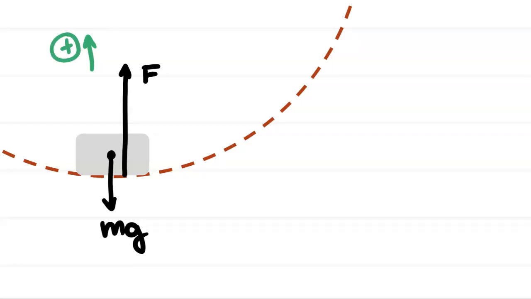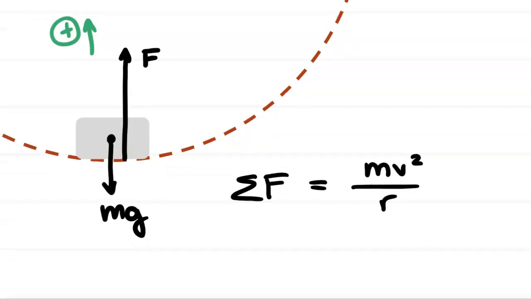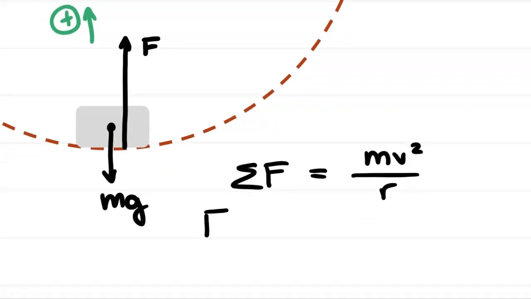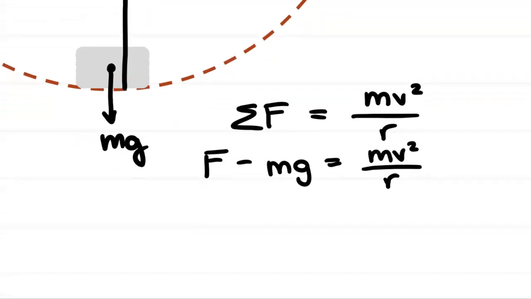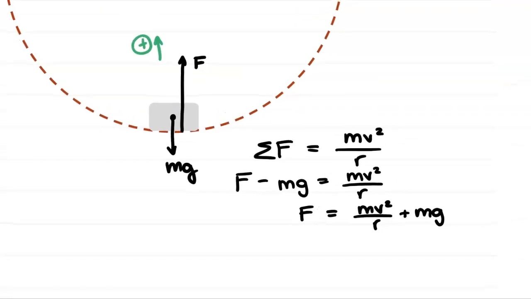So when we do sum of the forces equals mv squared over r, because we've got circular motion, F will be in the positive direction because it's acting upwards, minus mg, equals mv squared over r. Rearranging to solve for F, we have F equals mv squared over r plus mg. So that's a nice expression to find the magnitude of that force.